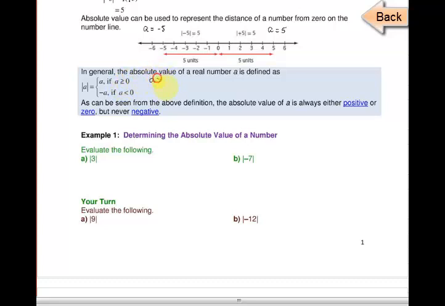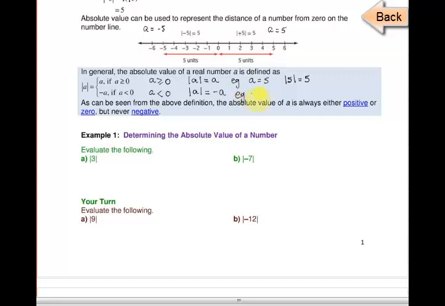If a is greater than or equal to 0, then the definition of absolute value is that the absolute value of a is equal to a. An example would be, let's say that a is equal to 5, then the absolute value of 5 is equal to 5. The other half of the definition says this: if a is less than 0, then the absolute value of a is defined as negative a.